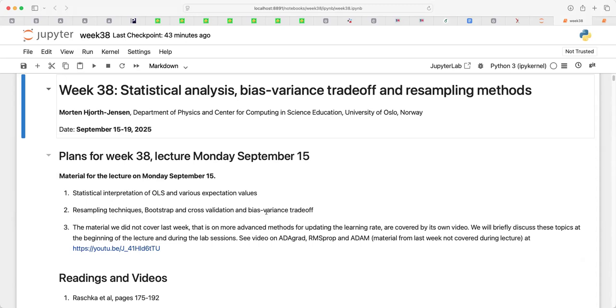Now we are going to make a better analysis of what happens when the mean squared error, for instance, for the test data starts to differ largely from the one from the training set. And we are going to discuss the equation for the bias-variance trade-off, and that's a kind of holy grail when you're discussing the quality of your model.